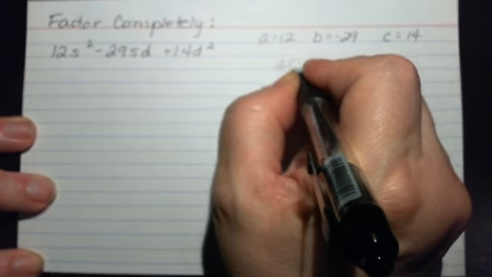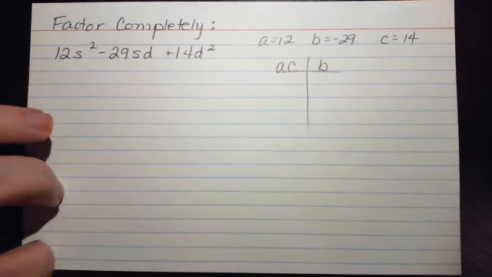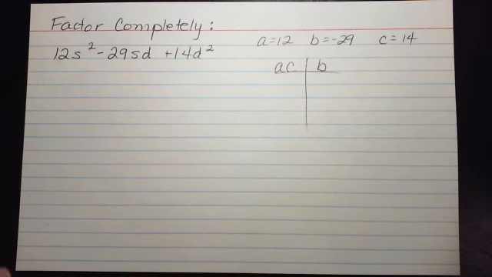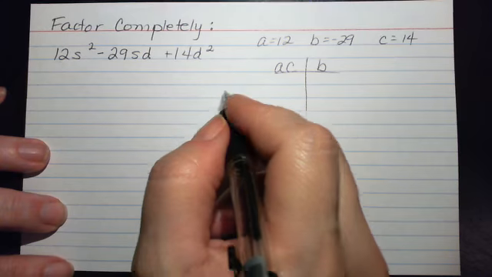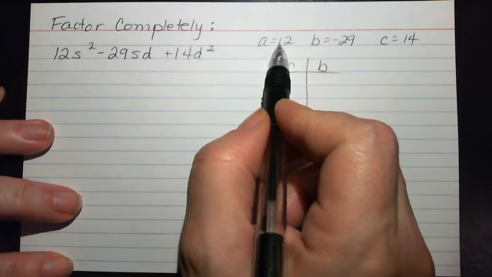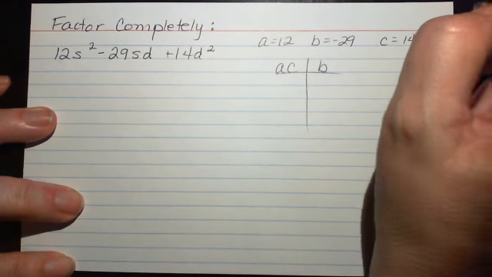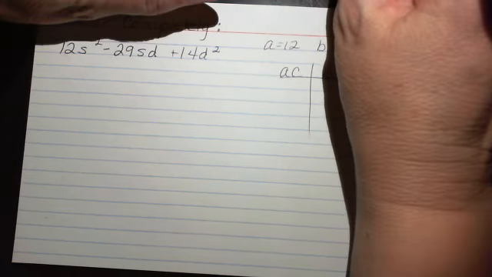And the AC method says that we make a table with a column for AC and a column for B. AC says that we're multiplying A times C. So 12 times 14.